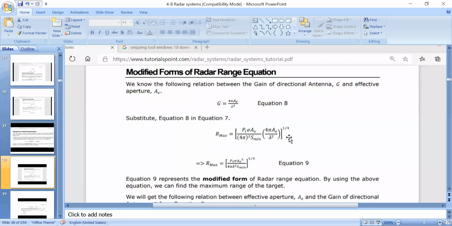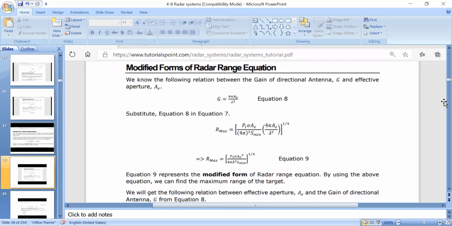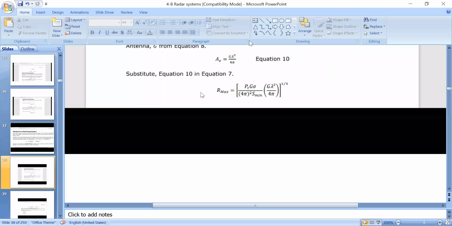And another form, equation 9, represents the modified form of radar range equation by using the above equation, giving the maximum range of the target. And you can express this in terms of effective aperture also by substituting the AE formula, where AE is equal to G lambda square by 4 pi.